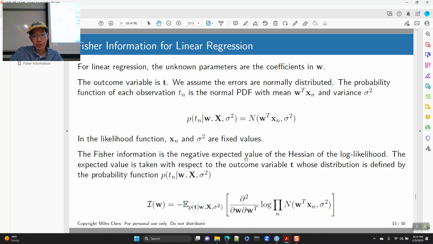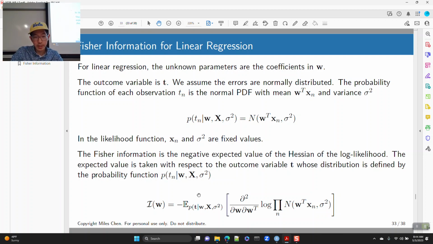So the Fisher information is the negative expected value of the Hessian of the log likelihood. The expected value here, and this is the part that could feel a little confusing, is taken with respect to the outcome variable. In this case, our outcome variable is t, the actual values that we've observed.